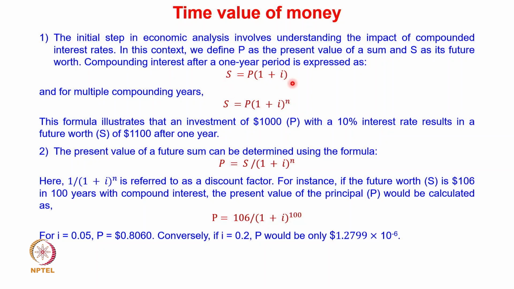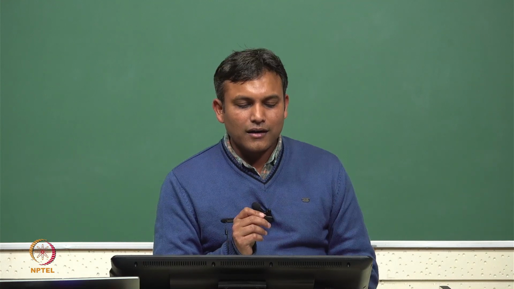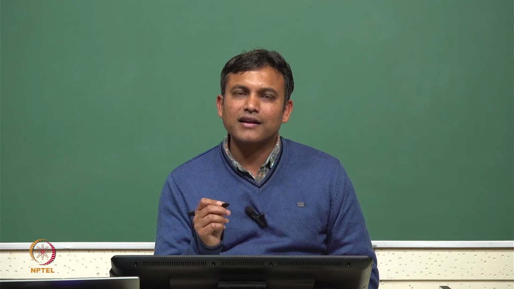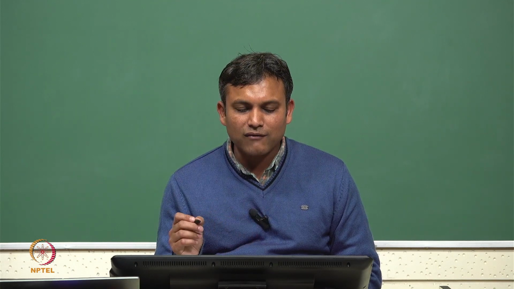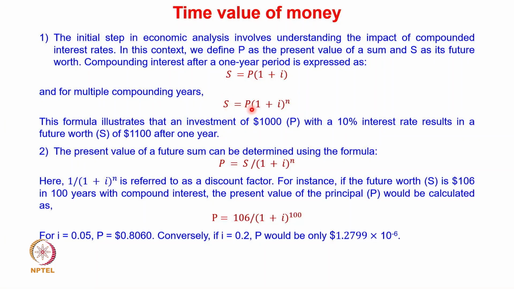Now this is how the value of the money is going to change over the period, that is accounted using this equation. Now let's say we are looking at the compounding of the interest rate annually, and we are looking at the time value of money over multiple years, in that case S is given as P into 1 plus I raised to the power n, where I is the annual interest rate.